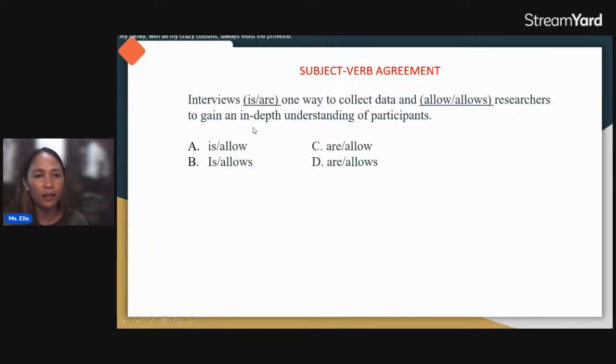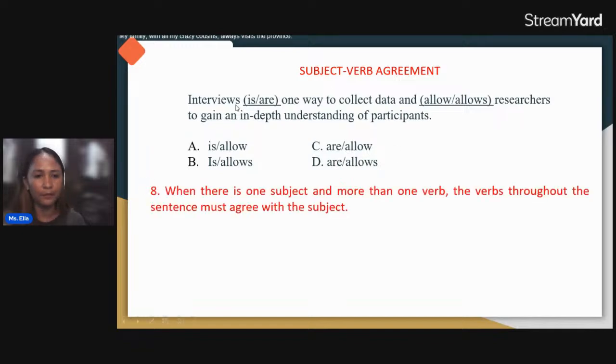Here: interviews is one way to collect data and allows researchers to gain an in-depth understanding of participants. Is it is or are, allow or allows?